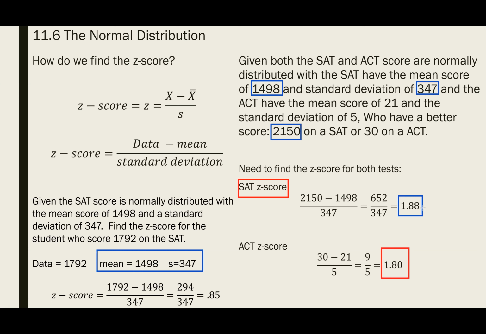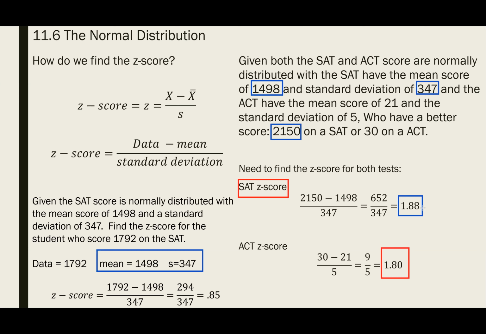In this case, there's no way you can compare apples to oranges. So what do we do if we want to compare apples to oranges? Well, we convert the apple to a z-score of the apple, and the orange to a z-score of the orange, and then we just compare the z-scores among themselves.